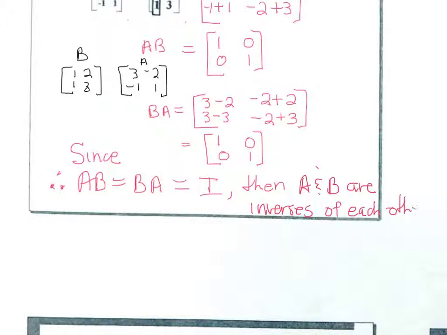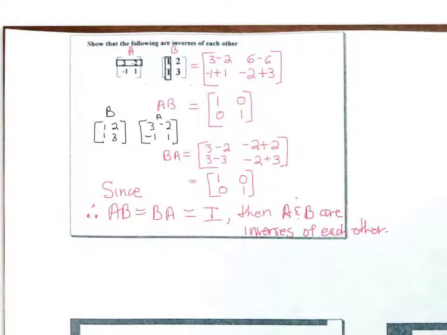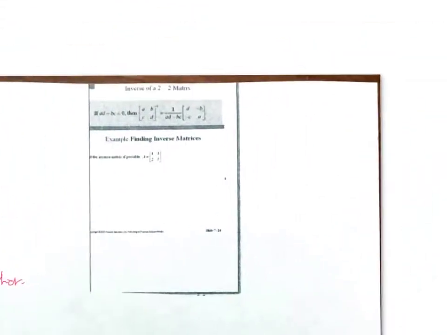And this is like an informal proof. You're showing that the product of both of them equals the identity, therefore they're inverses of each other, and that's it. Any questions about this? No? Getting okay so far? Next.